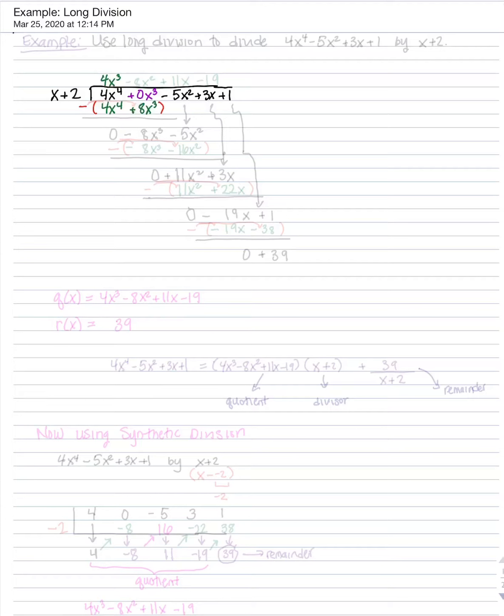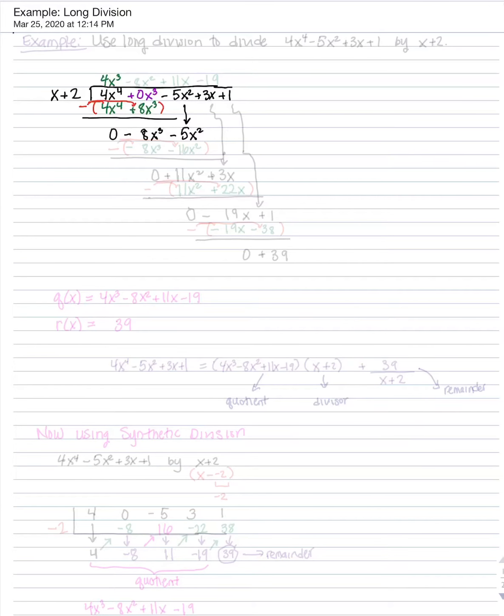So when we're subtracting, we need to distribute that minus sign to both parts. Okay, so when we add 4x to the fourth plus negative 4x to the fourth, we get 0. 0x cubed minus 8x cubed gives us negative 8x cubed. And then we bring down the negative 5x squared.